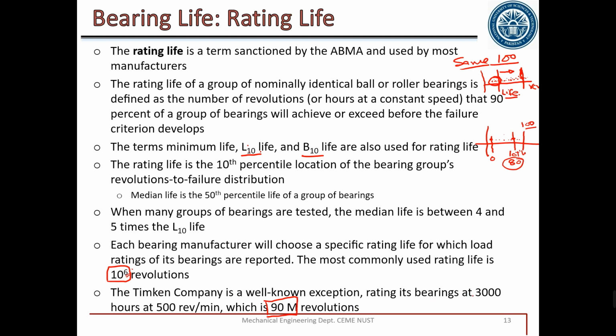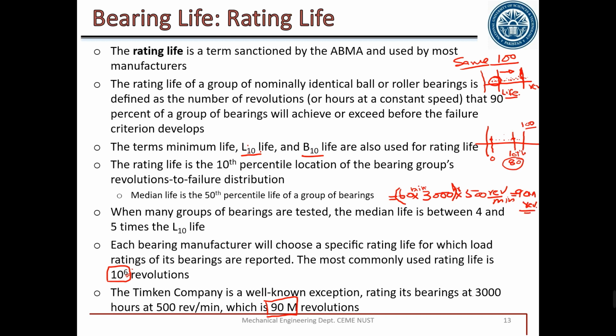How? 3,000 hours for 500 revolutions per minute, multiplied by 60 because hours have to be converted into minutes. 60 minutes into 3,000 hours, so we get a value of 90 million revolutions.